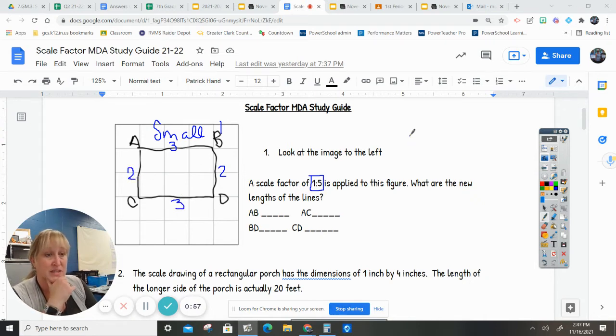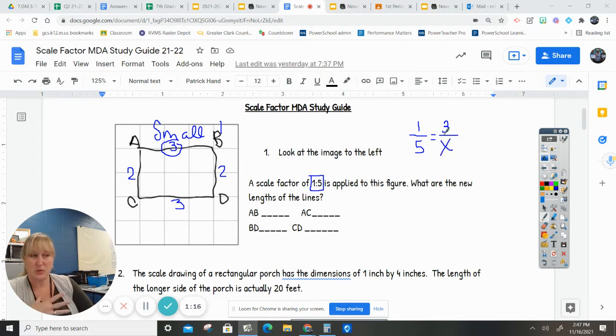You can definitely use the strategy of cross multiplication. So if I choose to do 3 first, and I'm going to scale it using 1 to 5, that 3 is my smaller, so it's going to go on top with the small. Then my unknown goes on the bottom because we don't know how big it is once we enlarge it.